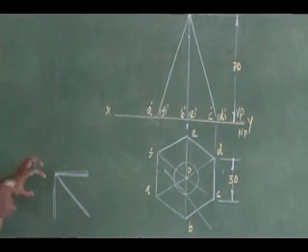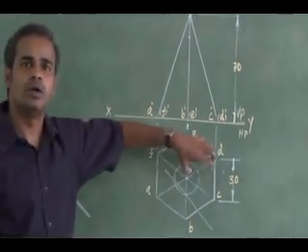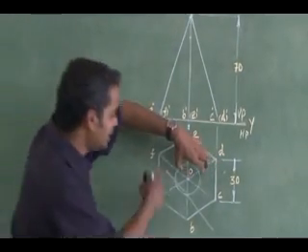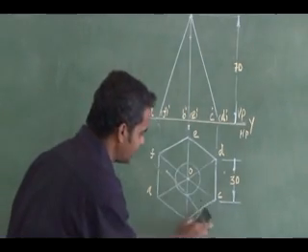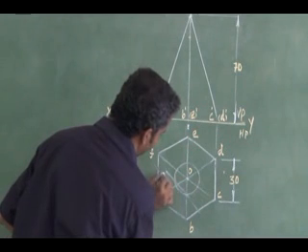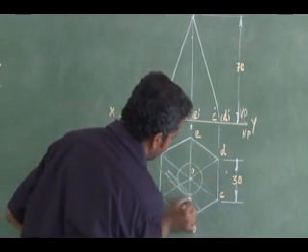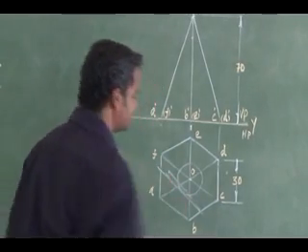Now I can fix the drafter at 40 degree tilt. Then move the drafter until it matches tangentially to the circle you have drawn, the 10 mm away circle. I keep my drafter tangent to that and draw my cutting plane like this.